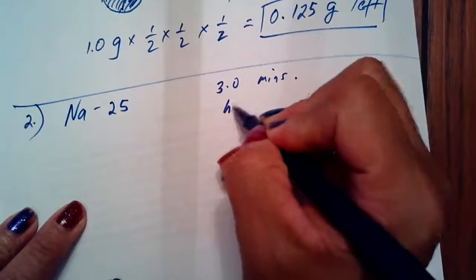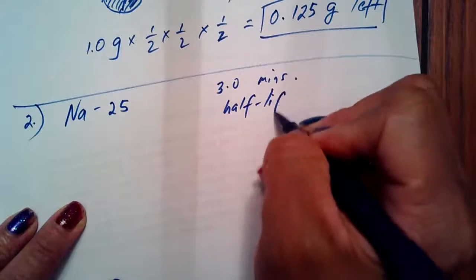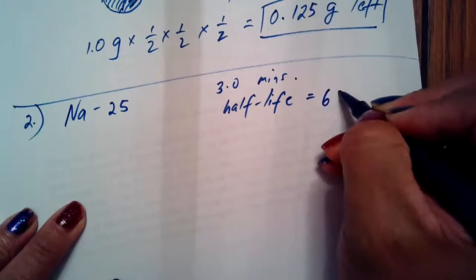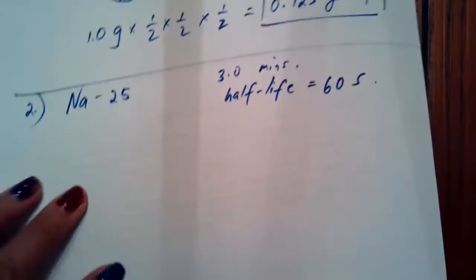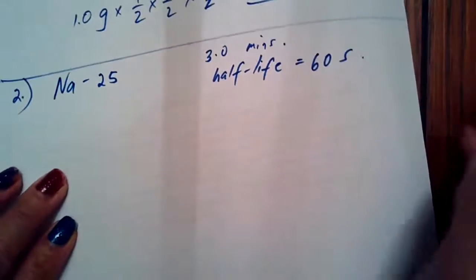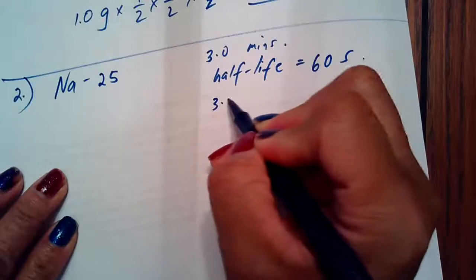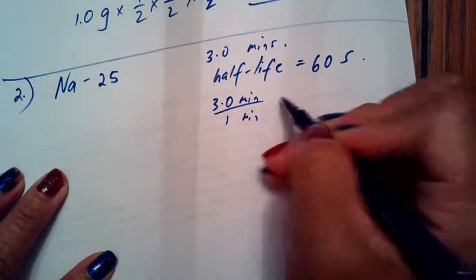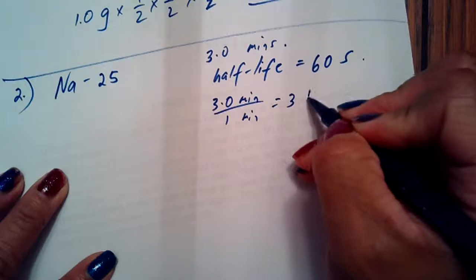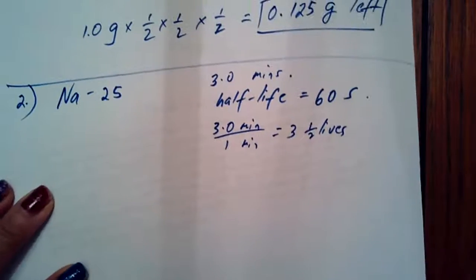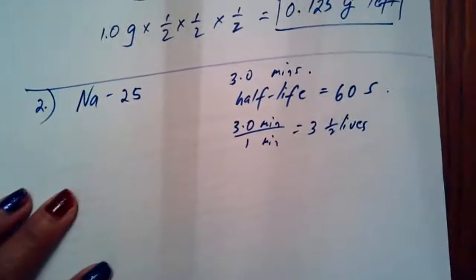The half-life of this sodium 25 is 1 minute, or 60 seconds, and it took 3 minutes. So how many half-lives have taken place? You have 3 minutes, and the half-life is 1 minute, so 3 half-lives have already taken place here.